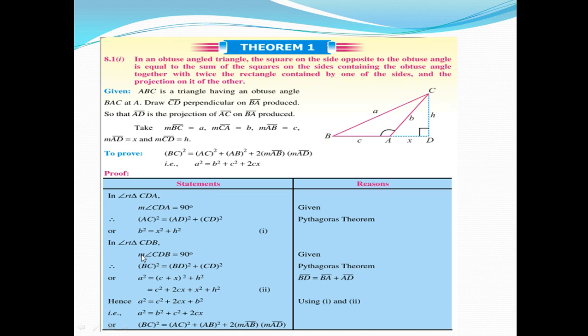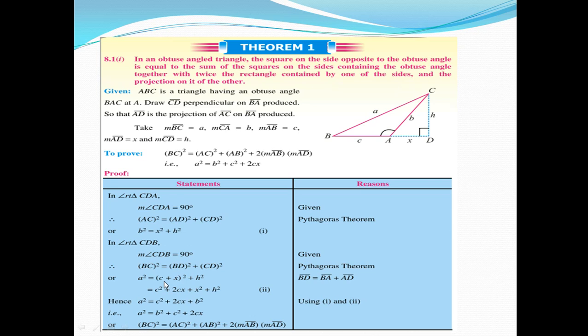Again use the right triangle CDB, measurement of angle CDB 90 degrees, BC square is equal to BD square plus CD square. A square, put the value of BD as c plus x, both sides plus h square, by the Pythagoras theorem.